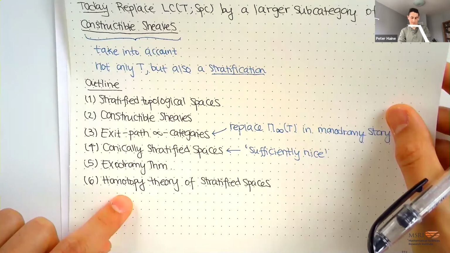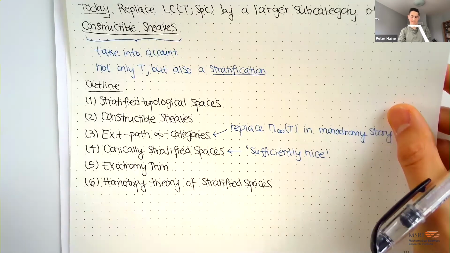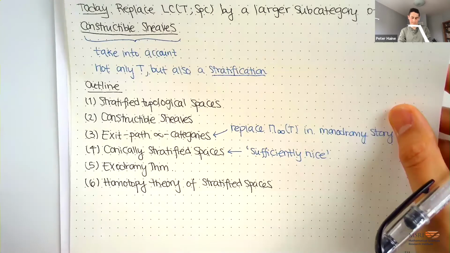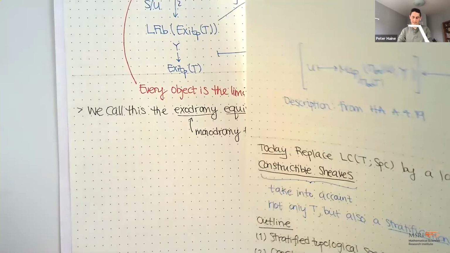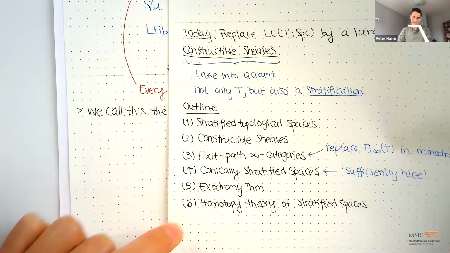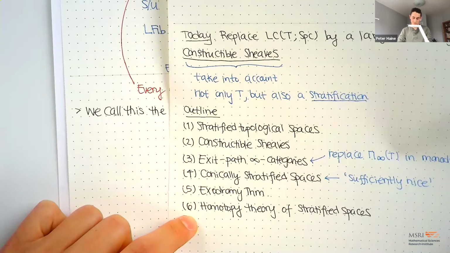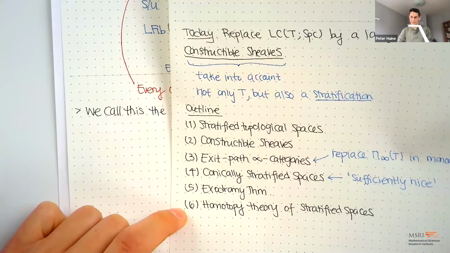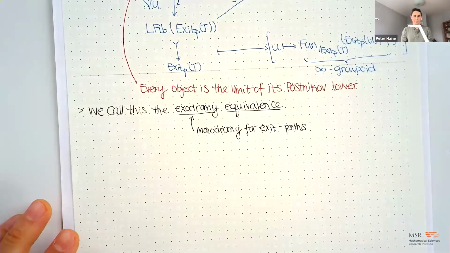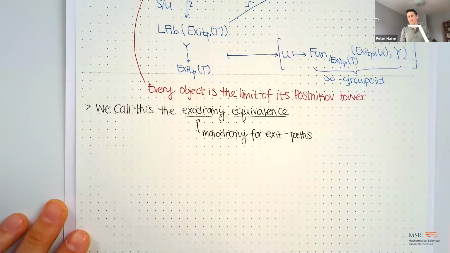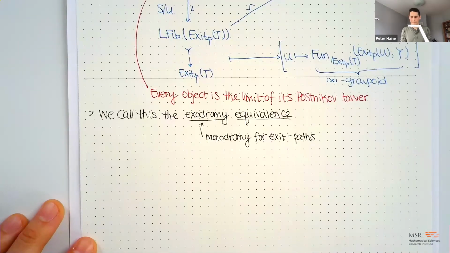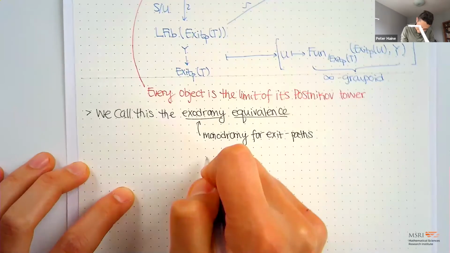I think I'll try to say a little bit about this next time, and I don't think it'll take too long. And then next time David's going to tell us about conically stratified things, or conically smooth stratified things, which will connect to point 6. But let me just very quickly give one example.